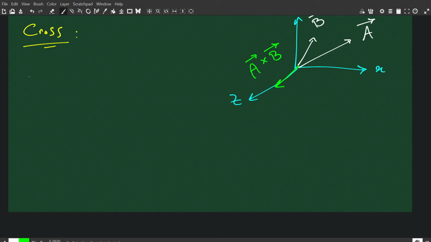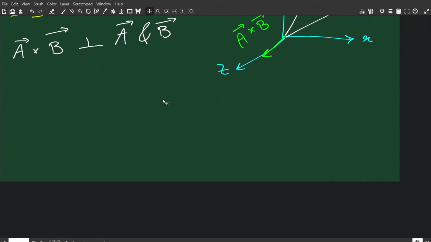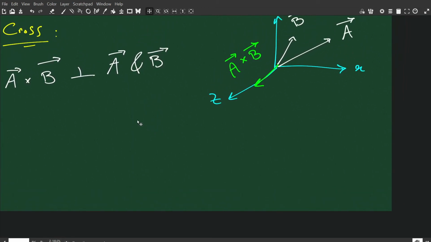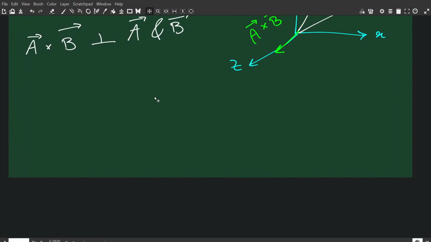I mean, A cross B is vertical to A and B. So you can find the direction of A cross B with the right hand method.